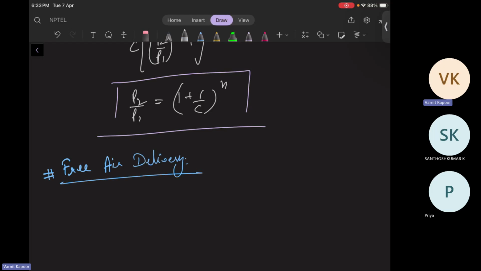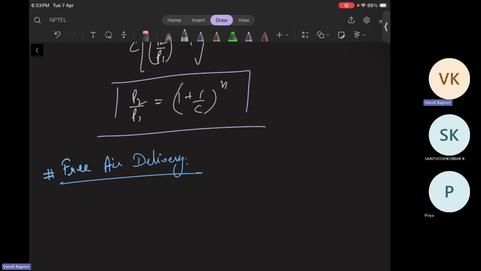It is a standard practice where the delivery volume is reduced to 1 bar pressure and 15 degrees Celsius temperature. That corresponding volume is known as free air delivery. This concept has been incorporated so as to compare the handling capacity of different compressors.